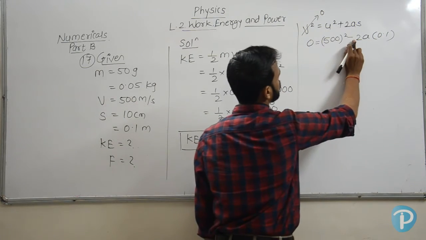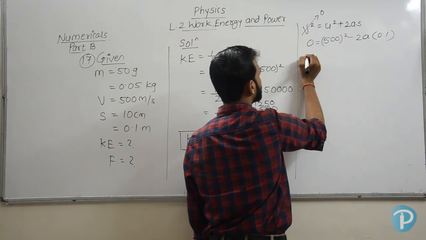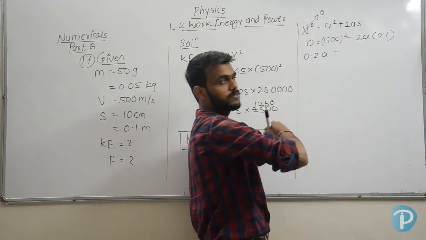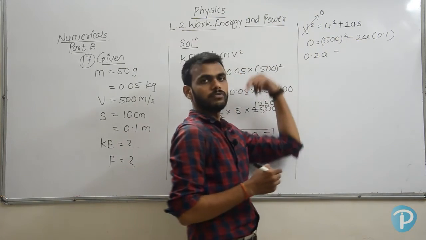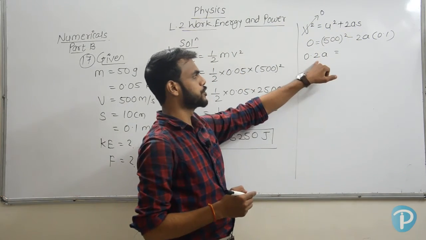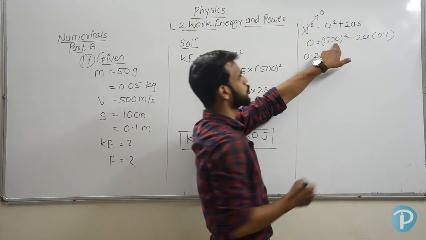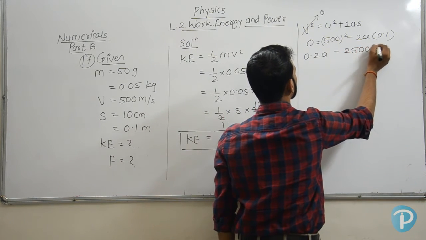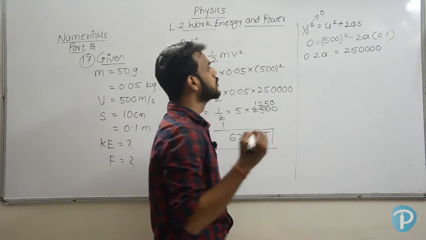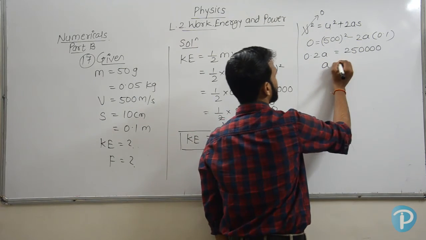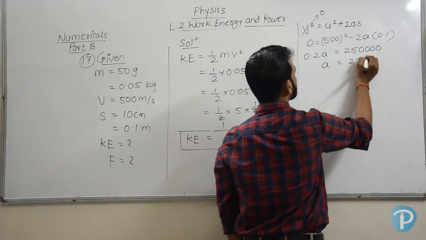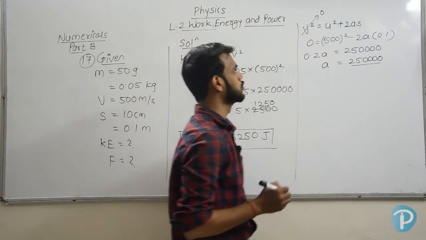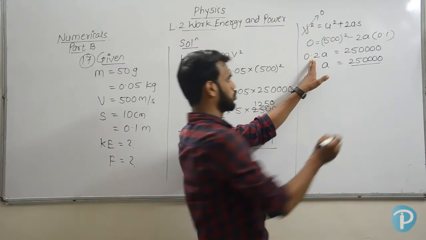So this 2 into 0.1 will be 0.2a. We will shift it to the left hand side as it is negative, so when it shifts to the left hand side it becomes positive, 0.2a, and square of 500 will be 25 with 4 zeros. So now we can have acceleration a as 250,000 divided by 0.2.